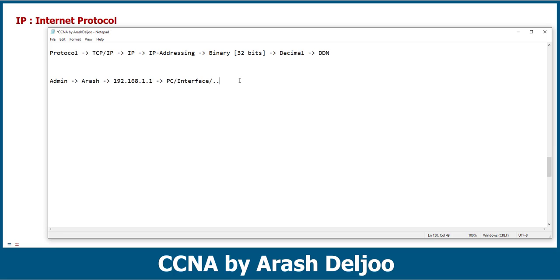In the next video, again, I'm going to talk about the IP address, but with more advanced features. We will learn how we can use the IP address, what the classes of IP address are, what the special parts of the IP address are, and what the routing function in the IP address is. I will talk about routing in IP address briefly.